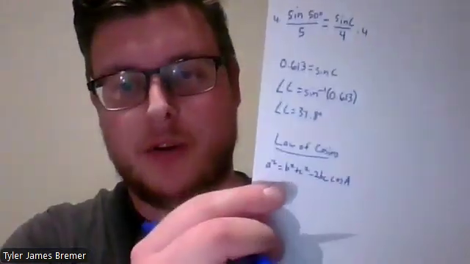The law of cosines, you set it up by doing, here, I'll just write it down real quick. Okay. So there's three different ways to write this equation down. I wrote one of the ways right here.